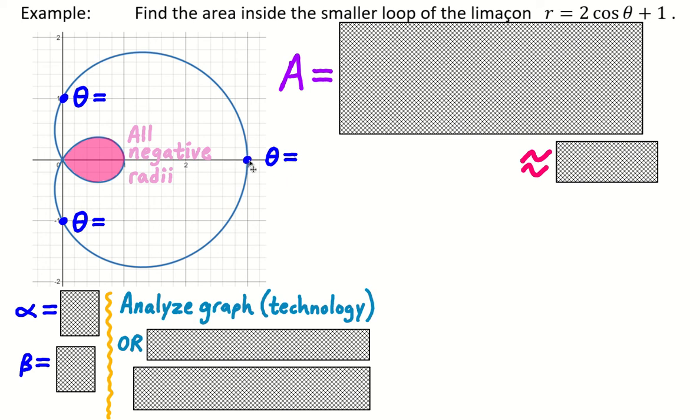But then when theta equals pi over 6, you probably are at this point. And then when theta equals, I don't know, pi over 4, where would that be? Like there, I guess? I guess right there.